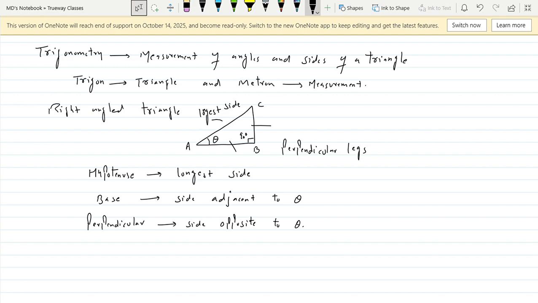Now, to measure the sides and angles of a triangle, there is a relationship between these three sides and the angle, and the three sides have been given names as per this acute angle theta, isn't it? Now we define three special ratios.